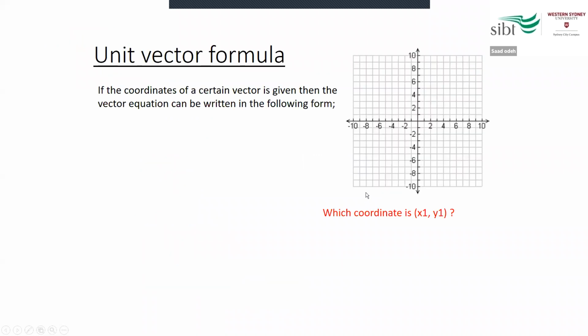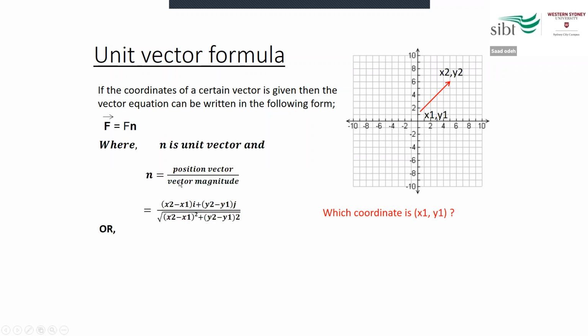Now, also in the same lecture, lecture 3, we were introduced to the unit vector formula. We said that if we have the vector on a plot or on graph paper, then we can find the coordinates of the vector, the initial and the final coordinates, and from these two coordinates we can use this equation to find the unit vector of the force.